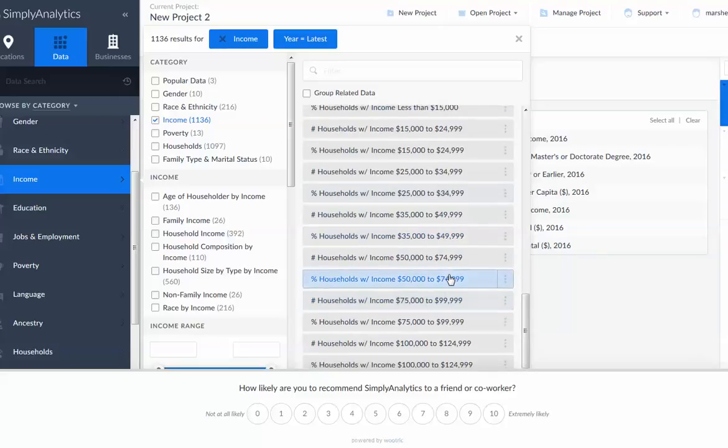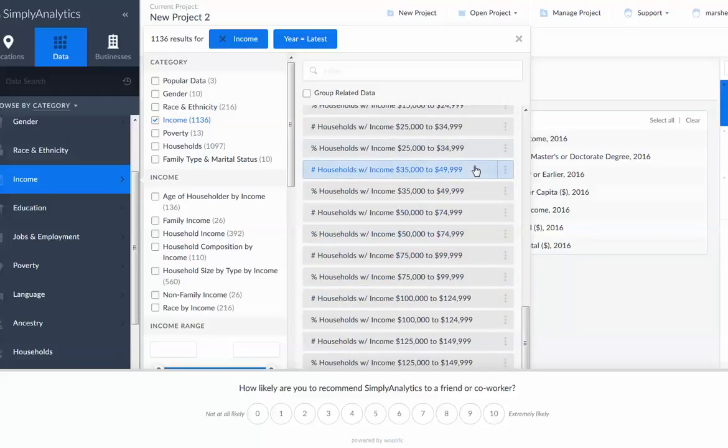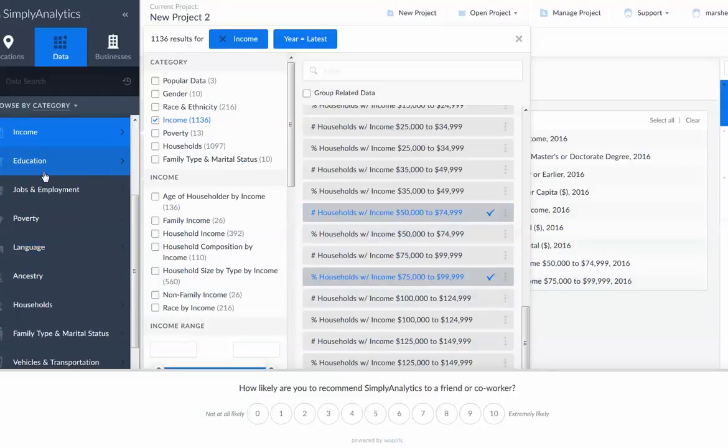And I also might want, let's just say I've got a demographic idea. I am presuming I want middle income. So I'm going to say the number of households with an income 50 to 75,000 and maybe 75 to 100,000. That's middle income. A little high, but middle income depending on who you are. What else do I want?